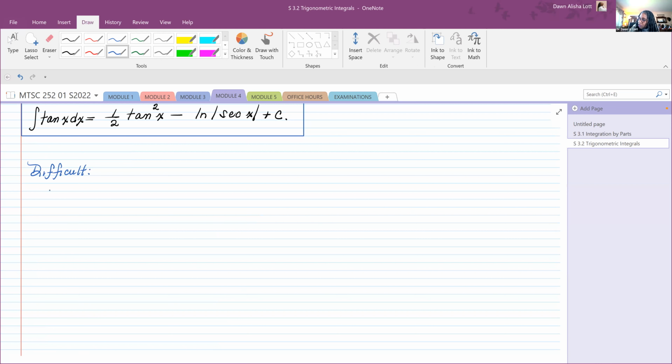That's like the integral of the secant, maybe cubed, of x dx.